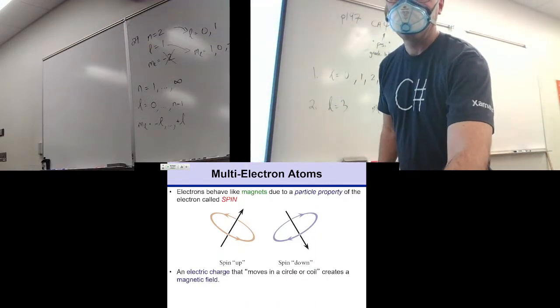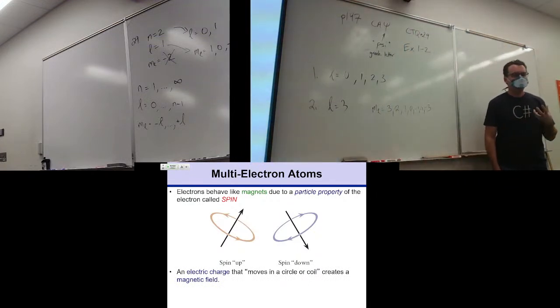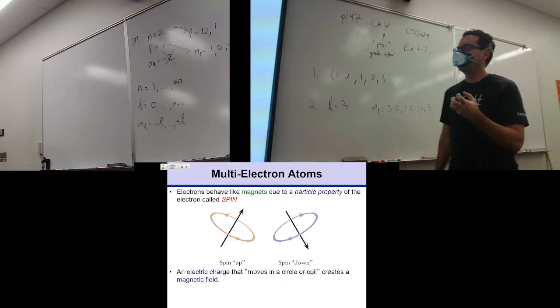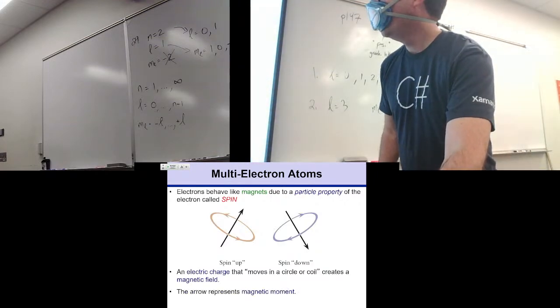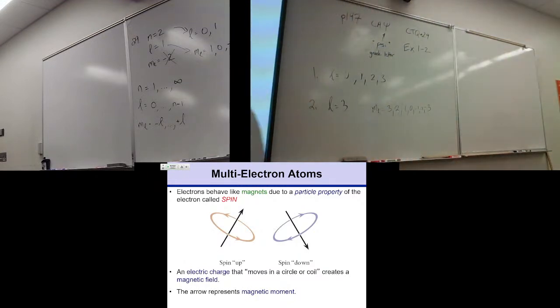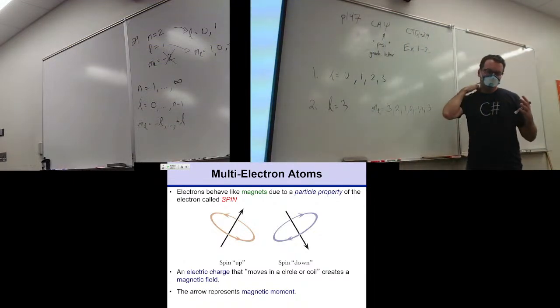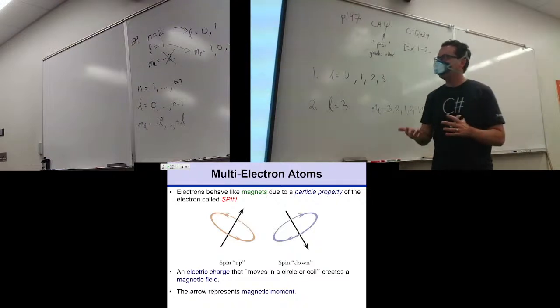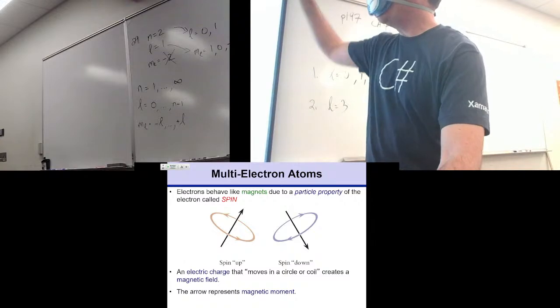And so, this is another quantum number that we are going to assign to this system here. I know a lot of you are going, what the hell? So the arrow here is a magnetic moment. It's a measurement of how strong the magnetic field it generates is. And so either it's going to go in the up direction or the down direction.